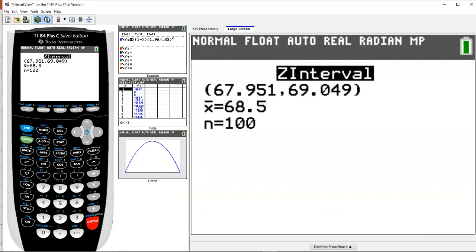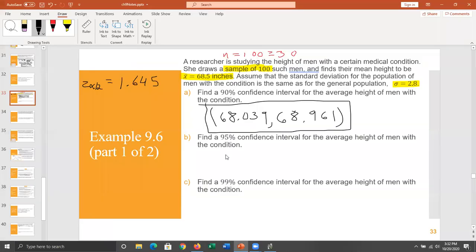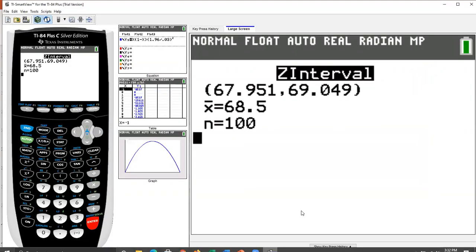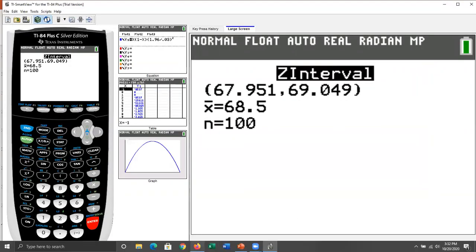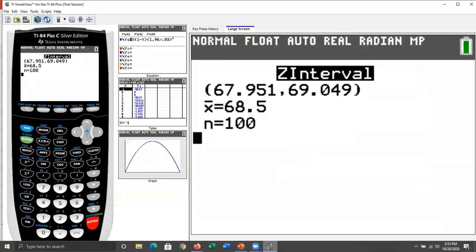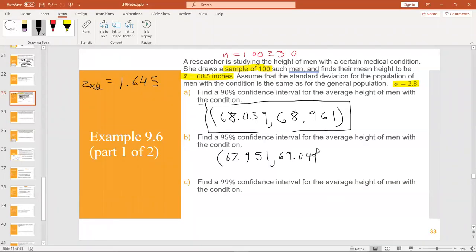Now the low end is 67.951, and the other one is 69.049. That's what it was, right? Yes. All right. So that is that confidence interval.